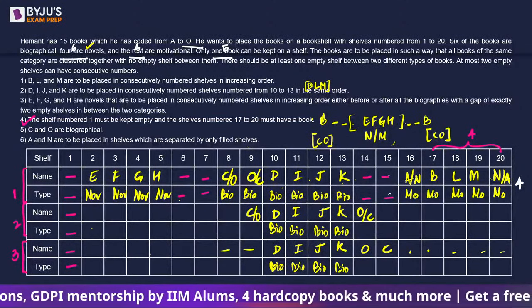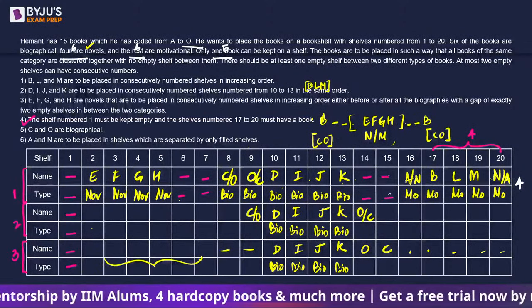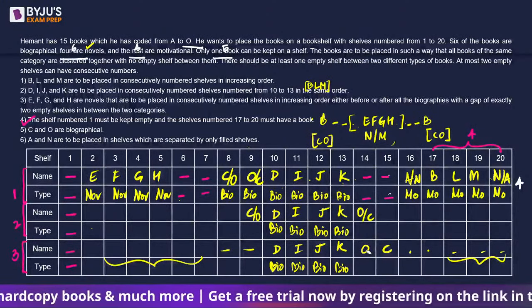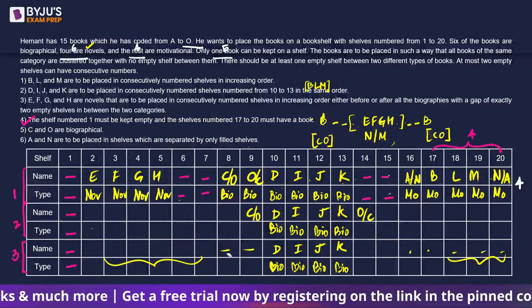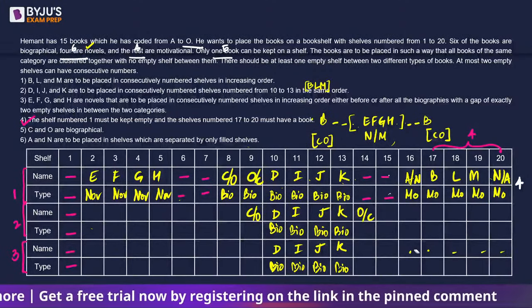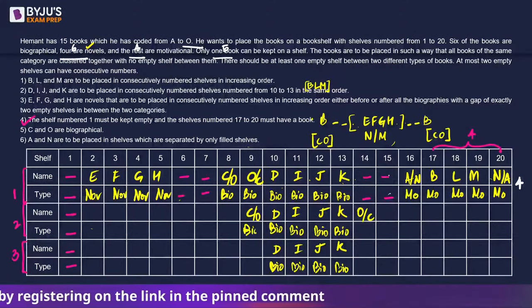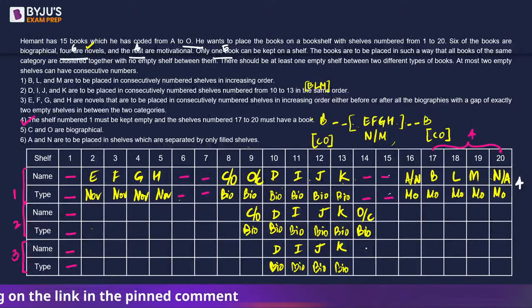If I take 2 blank spaces and fill 5, that means the remaining 4 cannot come here. So one thing is for sure, O and C, these 2 biographies cannot be after DIJK, right? So this is the next scenario, biography, biography.